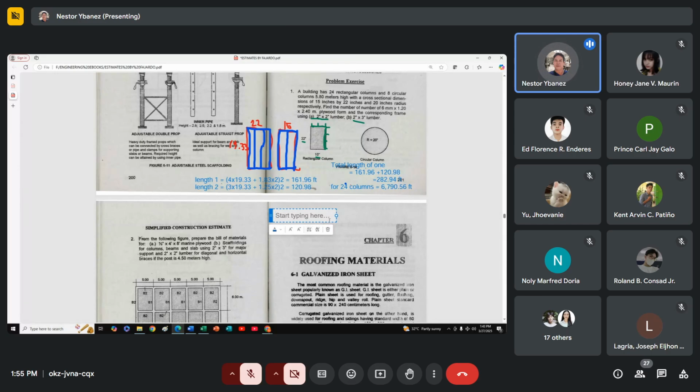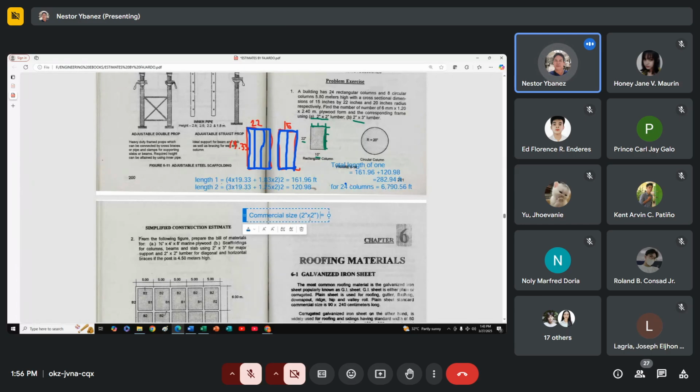Now I'm going to determine the commercial size. The commercial size, let's leave it at about 2 inches by 2 inches.